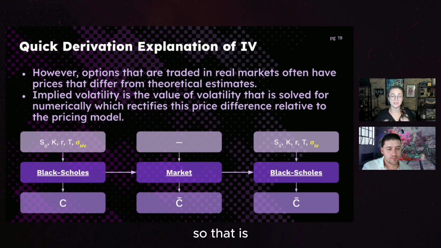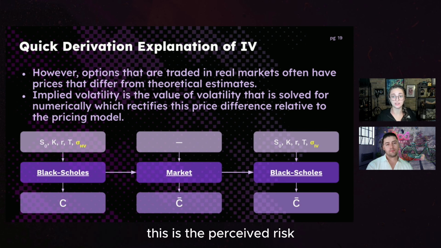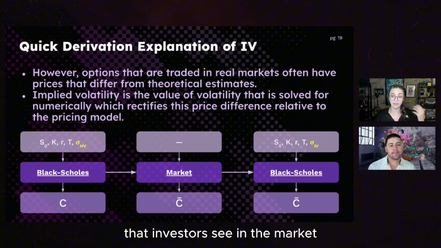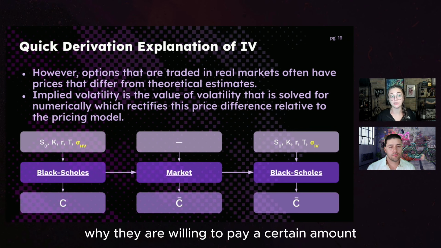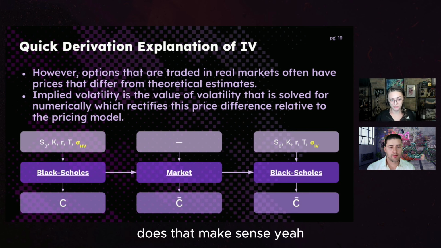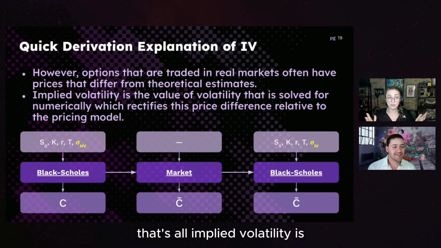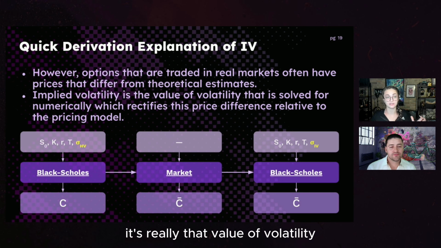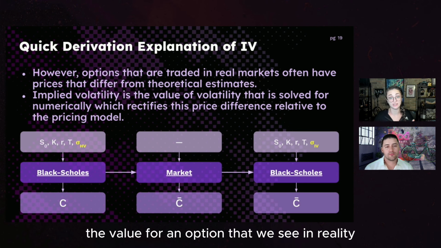So that is the volatility that is implied by the prices of the option. This is the perceived risk that investors see in the market, which explains why they are willing to pay a certain amount for the option, reflected in that price. Does that make sense? Yeah, makes sense. Easy, right? It's really that value of volatility that, when we plug it into the model, we actually get the value for an option that we see in reality.